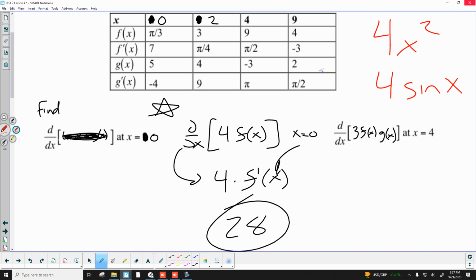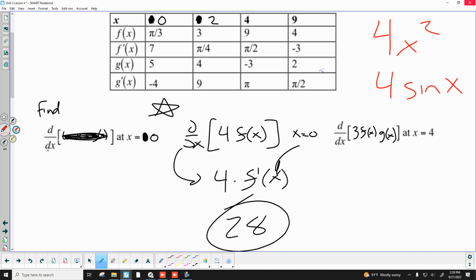So don't do it here. It's not x's times x's. It's not a product rule problem. It is a constant that just gets left alone. The constant multiple rule. The 4 stays, the 2 comes down, gets multiplied by the 4. The 4 stays, multiplied by cosine. The 4 stays, you get multiplied by that derivative.